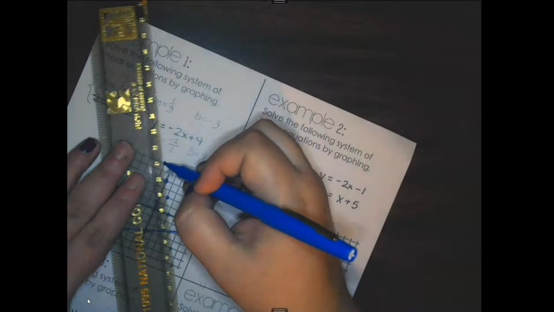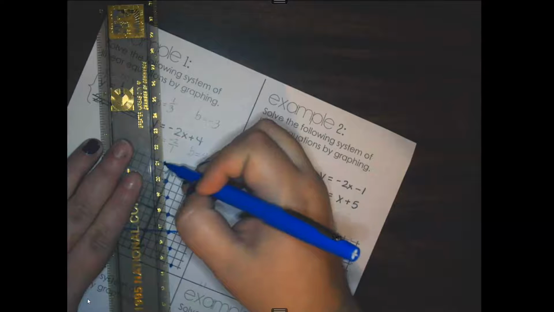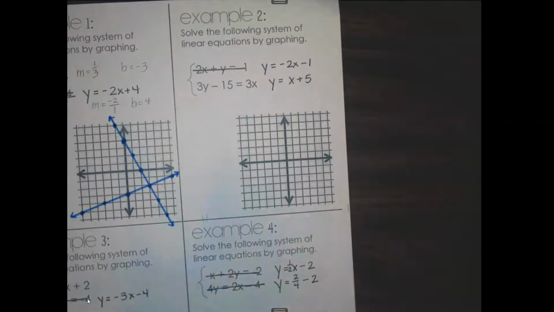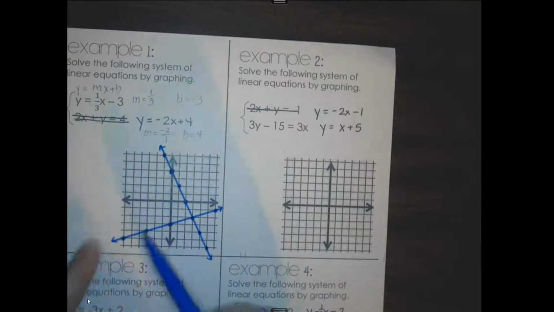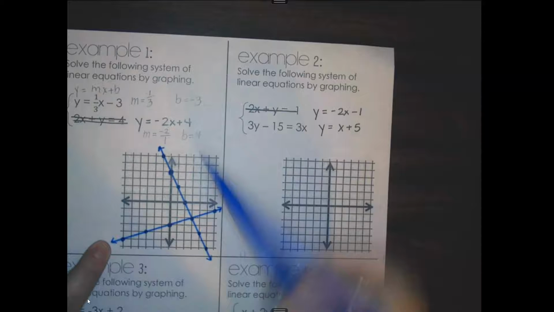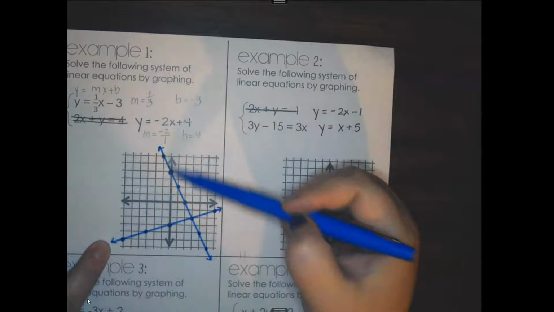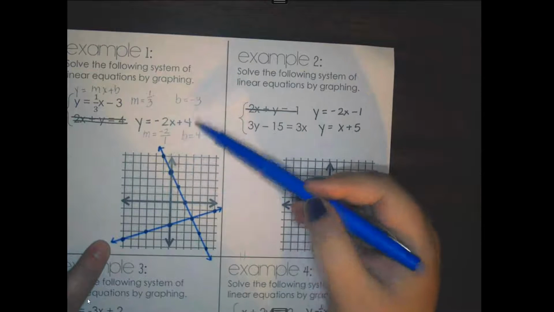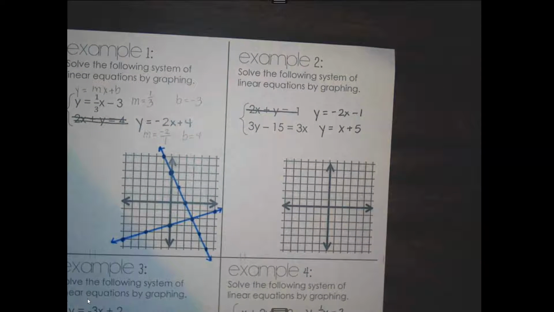I know I said that a lot in class, so I don't remember if I said it a lot in this video last time, but we want to fill up that graph, because what we're doing for systems of equations is this is the solutions to all of this graph, and this is all of the solutions to this graph. So what we're wanting to know is what is a solution that would have worked for both graphs.